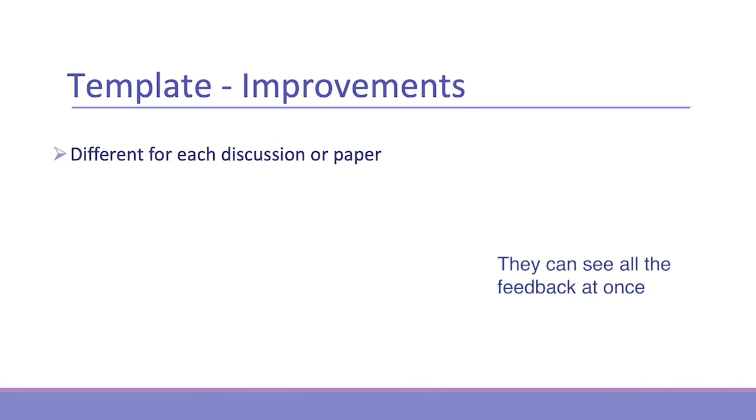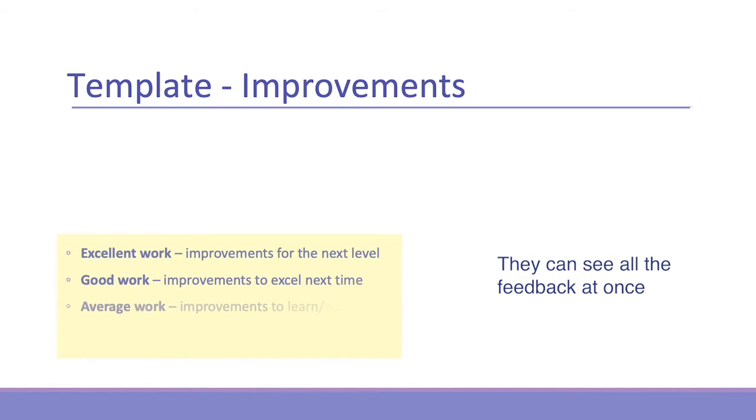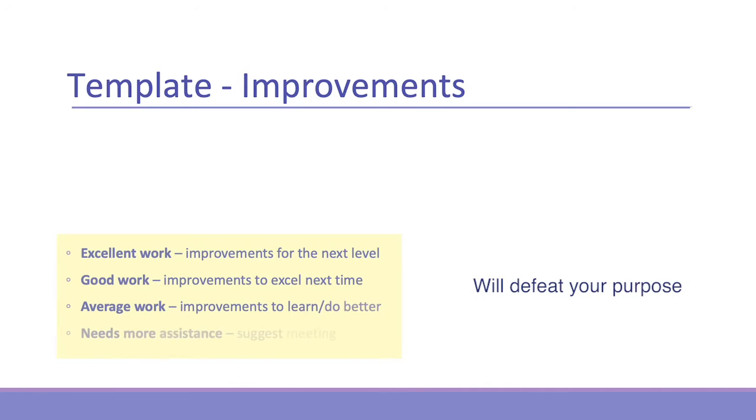It is essential, though, that you use a different template or set of templates for each discussion or paper, because when students view their grades, they can see all of the feedback at once, and if you're using templates, they'll know it, they'll stop reading, and it will defeat your purpose for providing feedback in the first place.